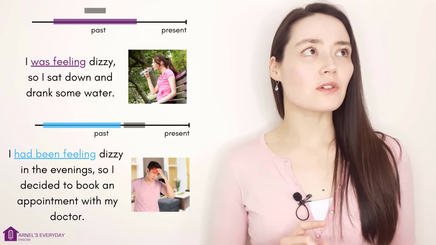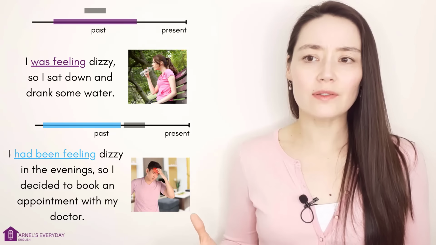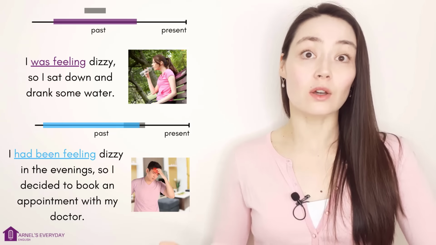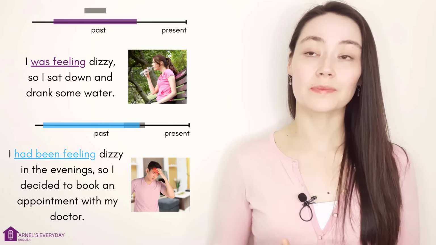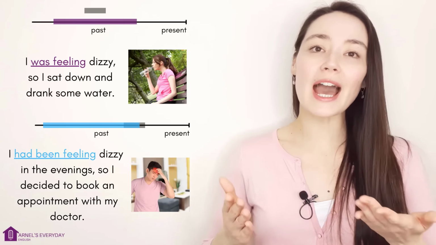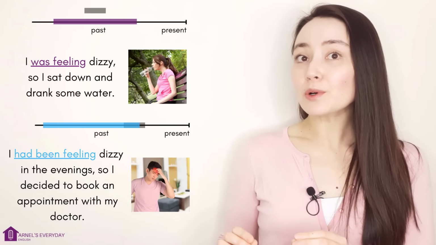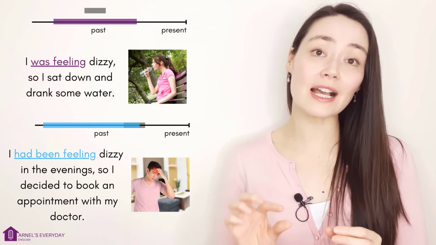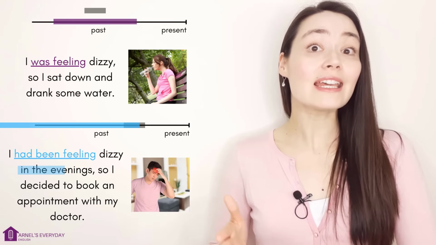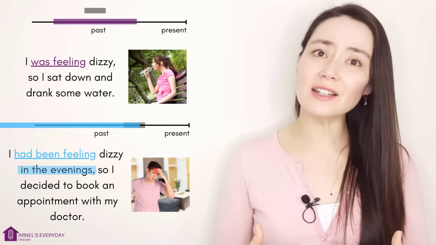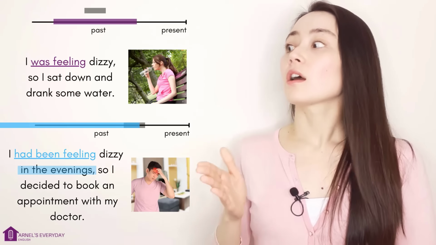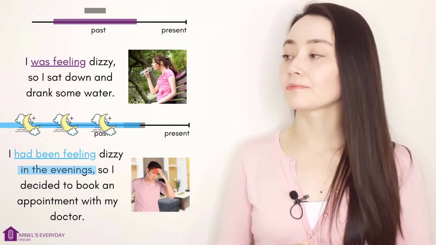You might be asking yourself, but what if you were still dizzy when you called the doctor? Yes, it's possible the actions can overlap. But the past perfect continuous can often emphasize a longer action. You can see I added in the evenings, so it's clear that I had been feeling dizzy night after night after night.